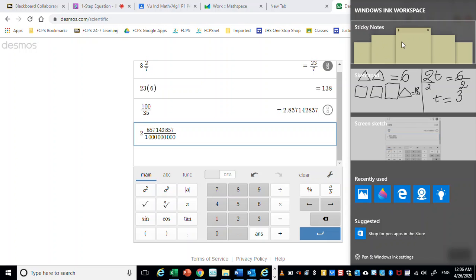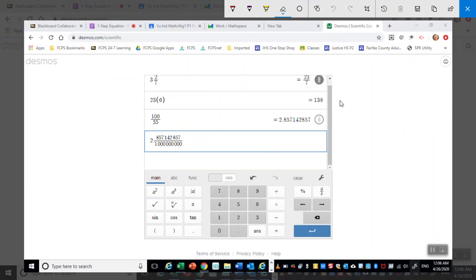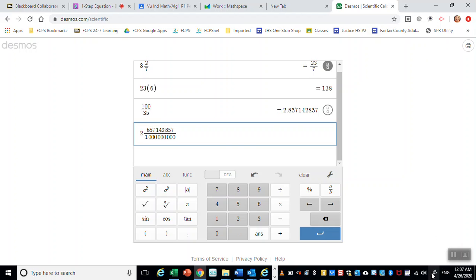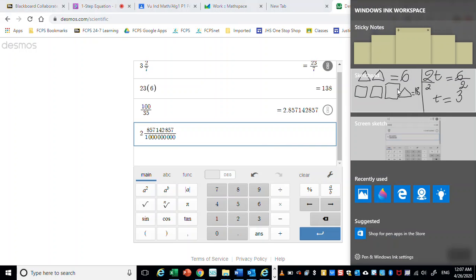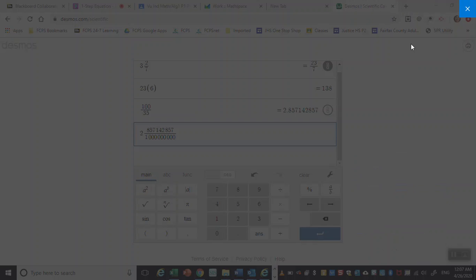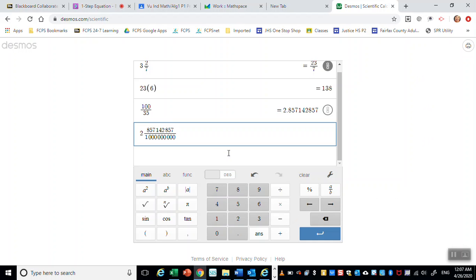So I'm going to get a new screen. Okay, so 100 divided by 35.